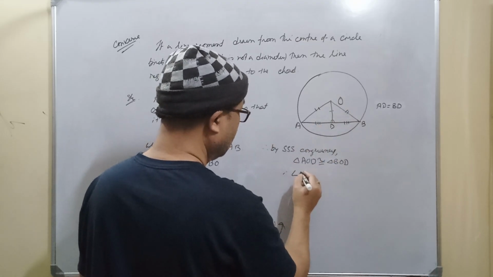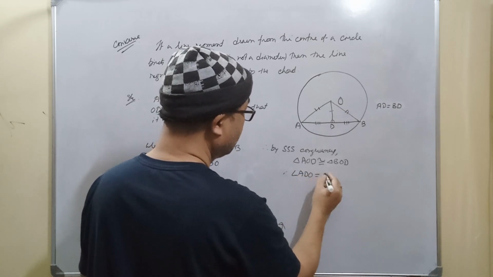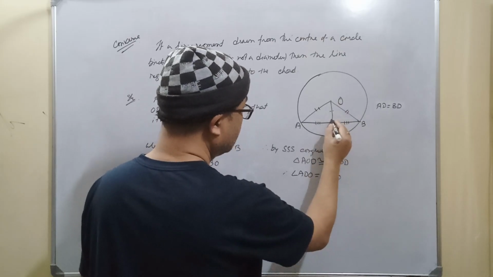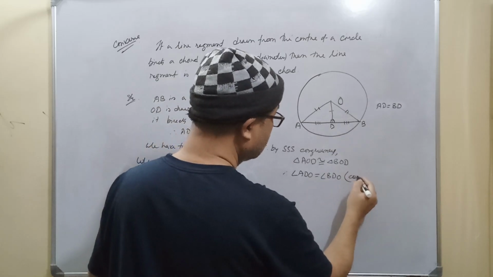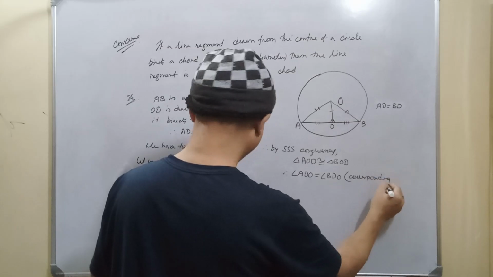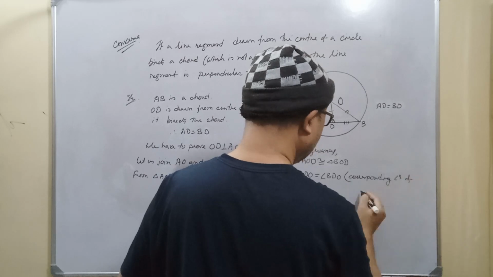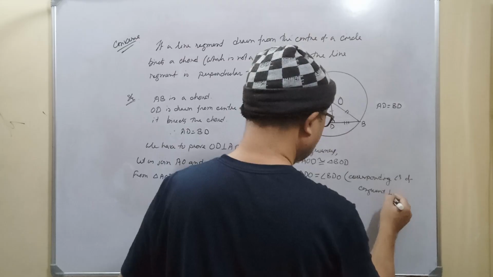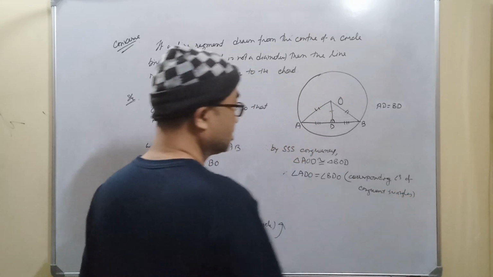Hence, angle ADO is equal to angle BDO. This angle is equal to this angle. Why? Because they are corresponding angles of congruent triangles.